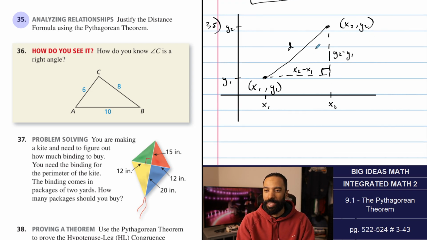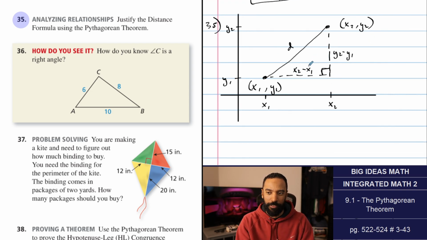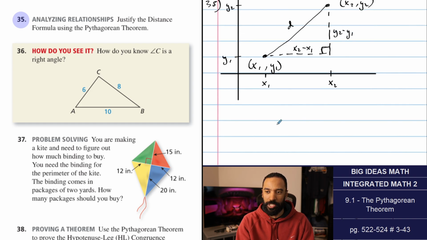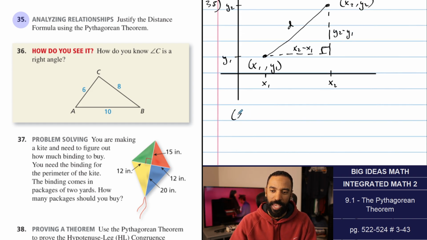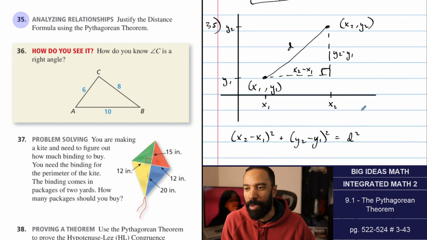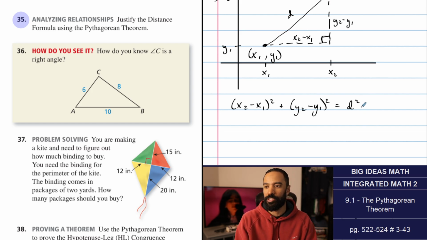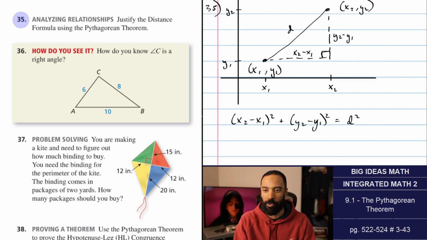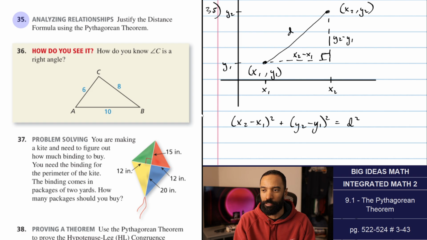There it is. Now, in this right triangle, we have this. We're very familiar with a squared plus b squared equals c squared. So there's a way of me saying a squared plus b squared equals c squared. Now, I kind of feel bad that I was using Pythagorean theorem before this in the book. It was one of those things where I assume they don't reteach it later and say, like, this is your first time using it.